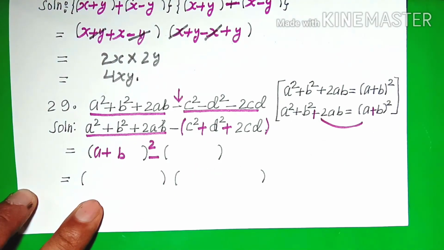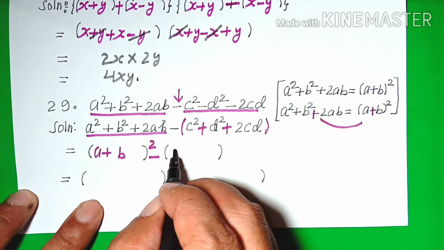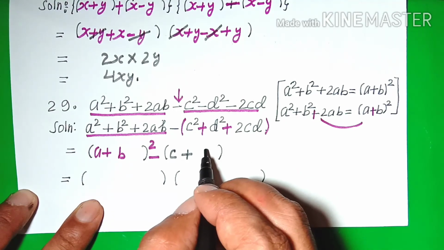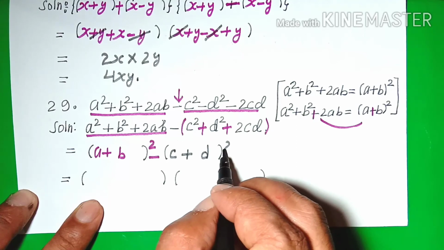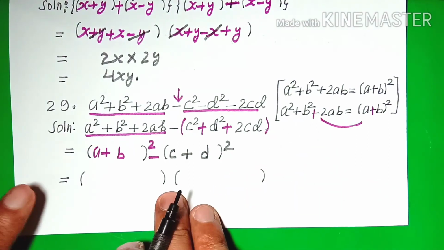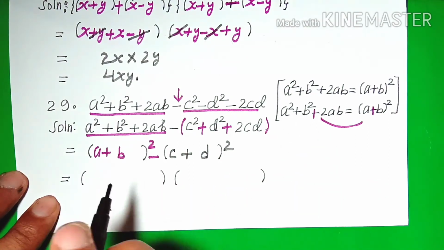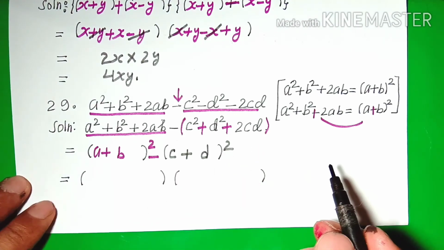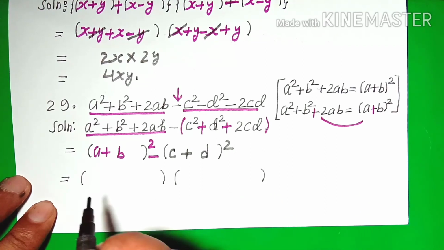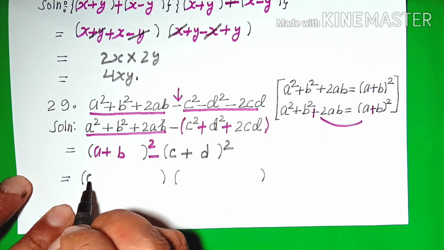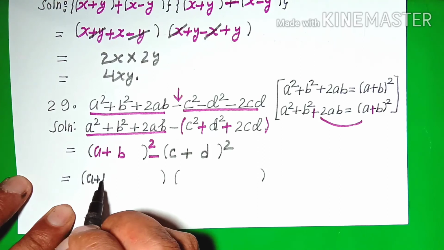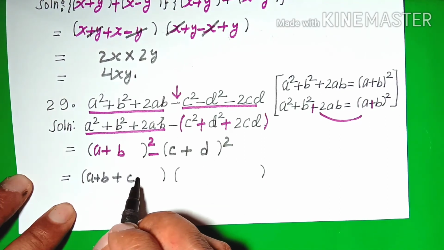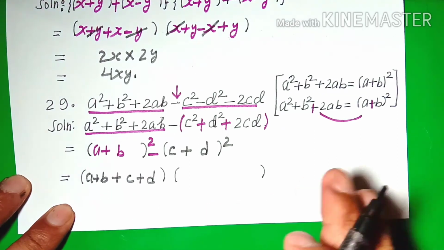So here a means the letter c, we have a plus sign, b means the letter d, the whole square. So we have got the difference of two squares, a square minus b square, and that implies, yes, a plus b, a minus b. So a means a plus b, plus b means c plus we have the letter d.